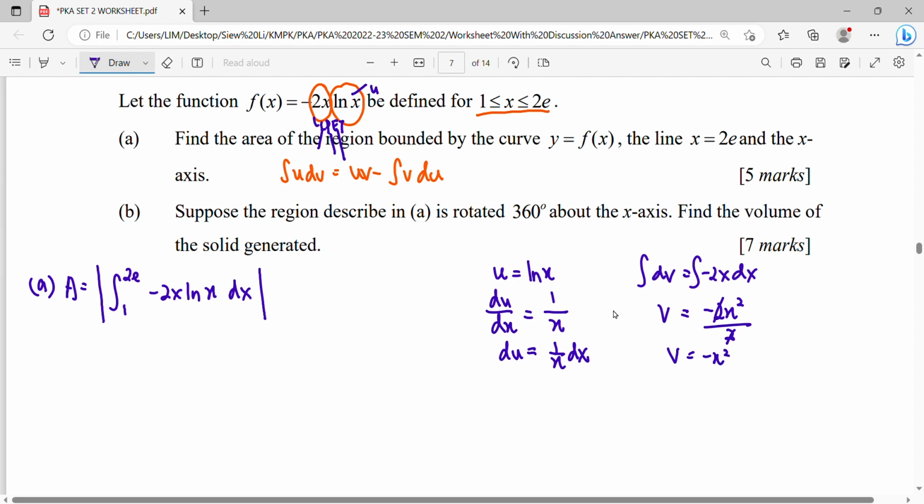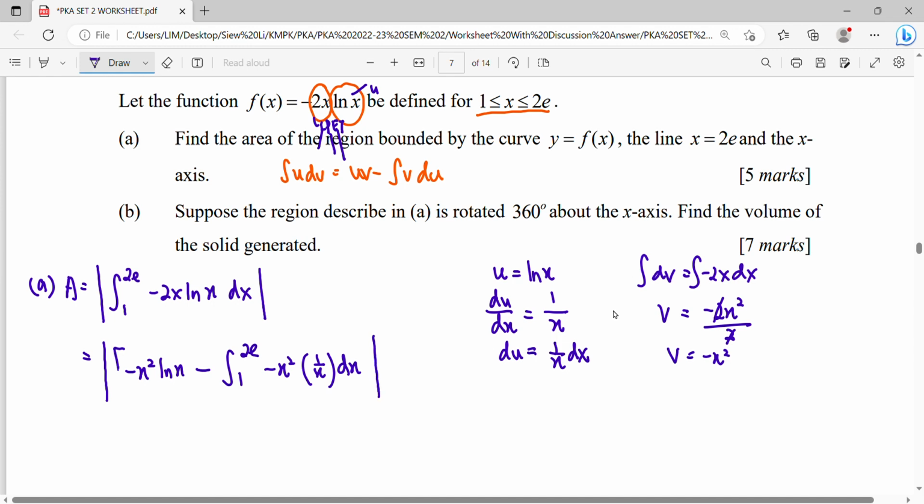So we substitute here: uv minus integrate v du, from 1 to 2e, v and then du, 1 over x dx.